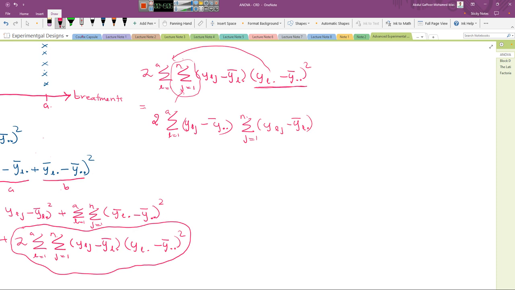Okay, right. Now if you look at this one, here yij minus yi dot bar. Now I can write this portion as, this is one summation and this is another summation. Now these two summations are multiplied, right?